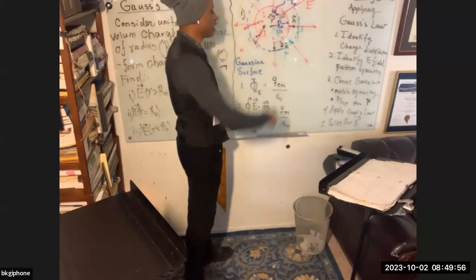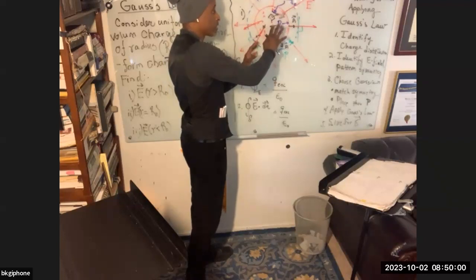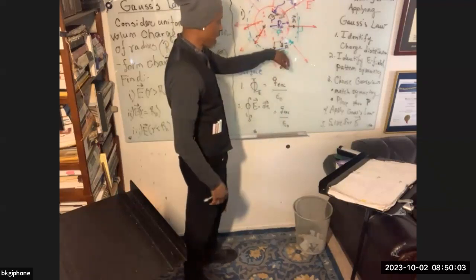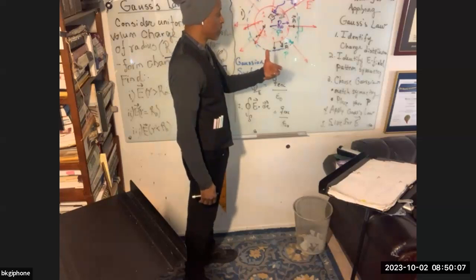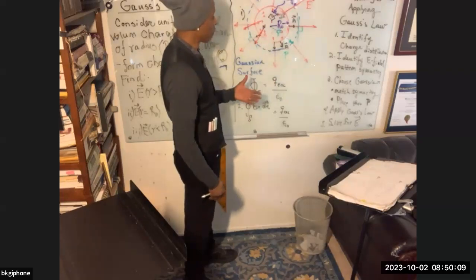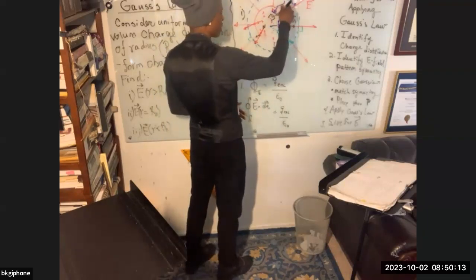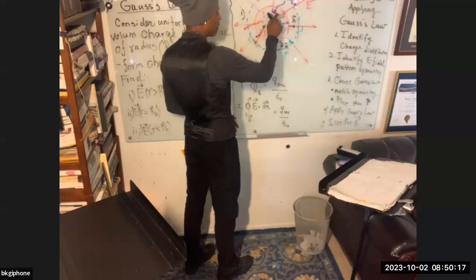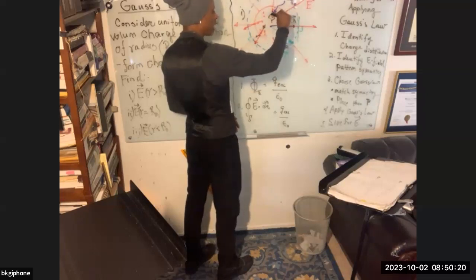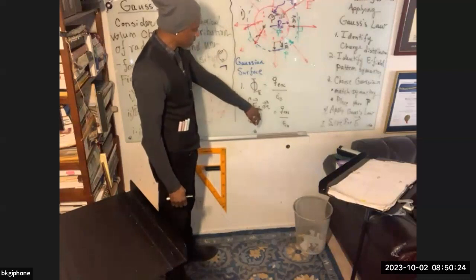If I were to draw a field line at that point, it's also parallel to that dA, perpendicular to the surface, because the direction of dA is also perpendicular to the surface. So two perpendicular lines for a sphere are parallel, radiating from the surface of a sphere. If I showed an E there, it would be right along that dA line.